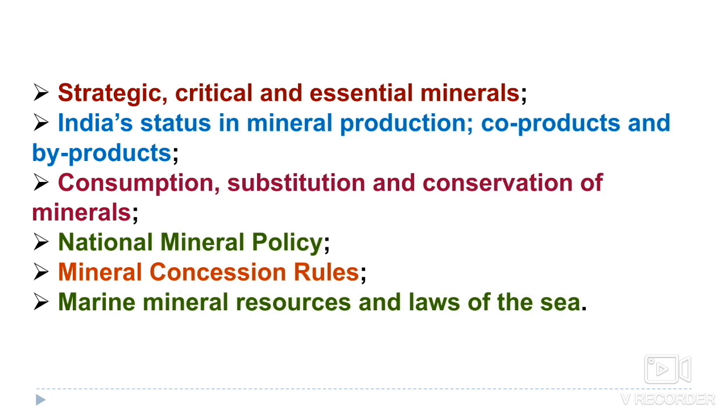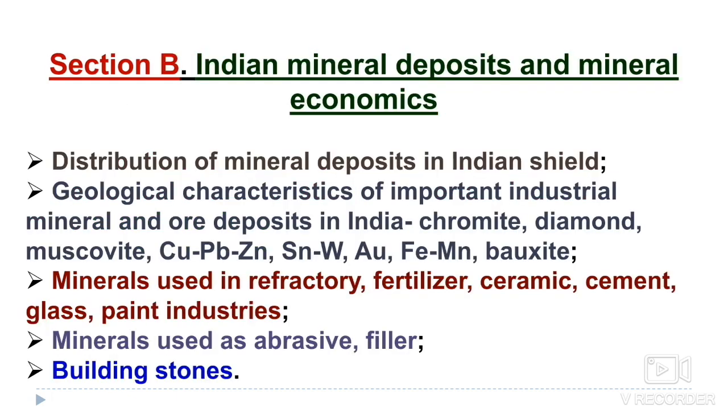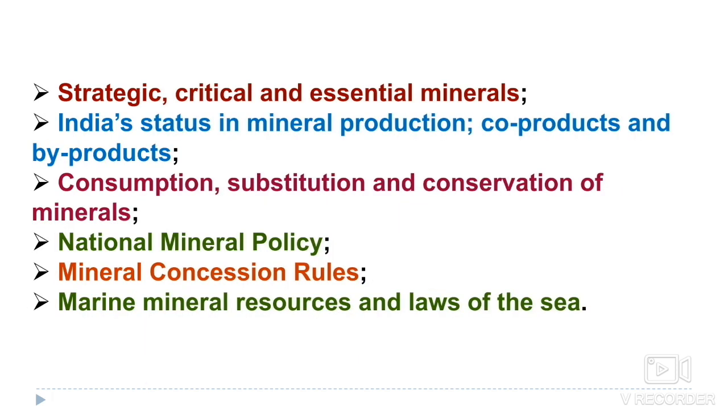Generally one question deals with the strategic, critical and essential minerals, National Mineral Policy, Mineral Concession Rules and marine mineral resources, or the law of the sea. And the occurrence of economic minerals like chromite, diamond, muscovite, copper, lead, zinc, tin, tungsten, gold, Fe-Mn and bauxite is generally asked in the next question. As we have already discussed, there will be two questions and you have to answer only one.